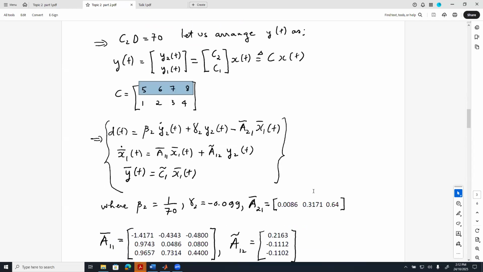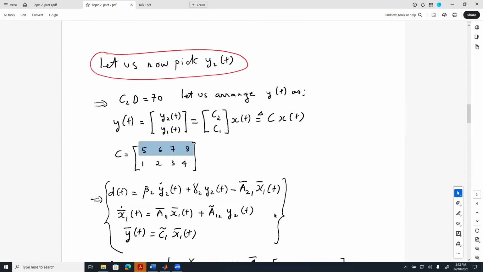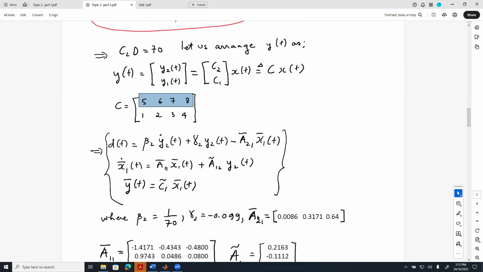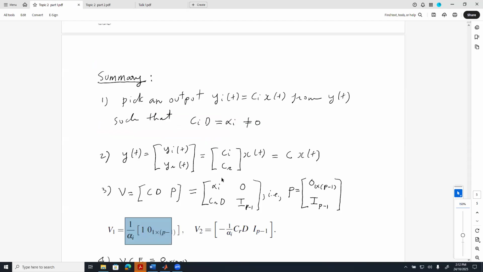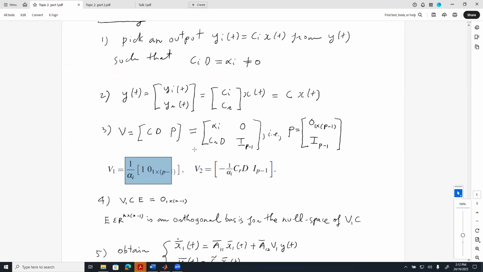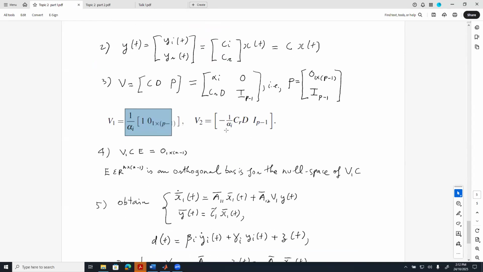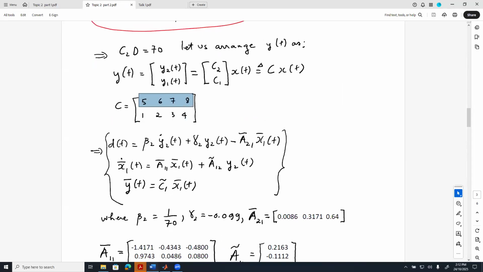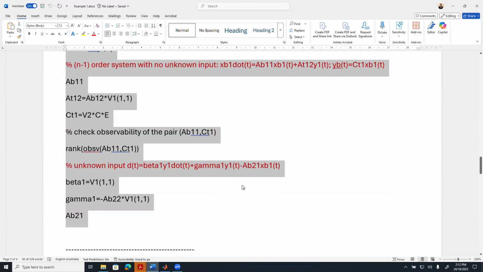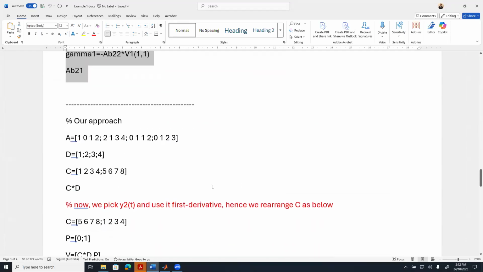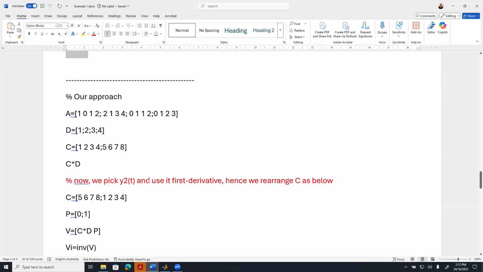And then we follow exactly the same process, exactly the same analysis, which is basically according to the algorithm or the summary that we went through in our previous presentation. Okay, so we do that. Here are basically the codes for the decomposition using y2 of t.